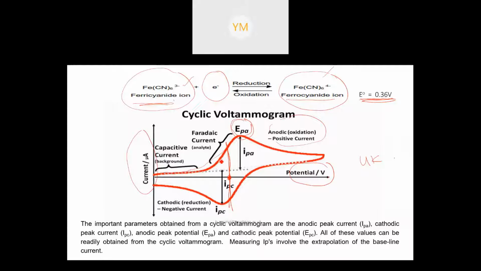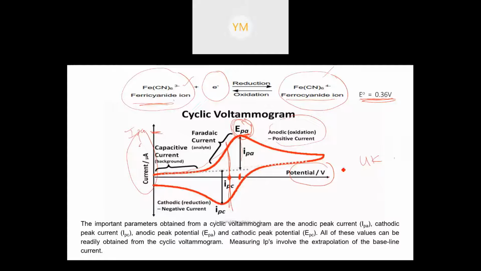You can see this is the peak, the highest current. So you take the x-axis value as the EPA, the potential for the anodic peak. So this is IPA, the current.